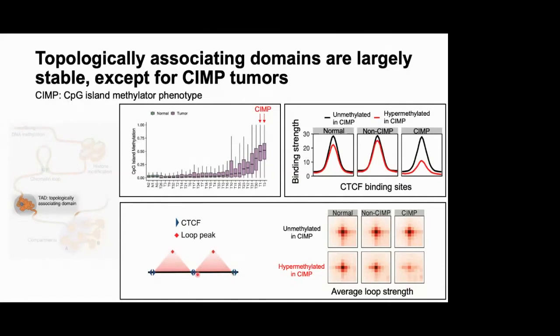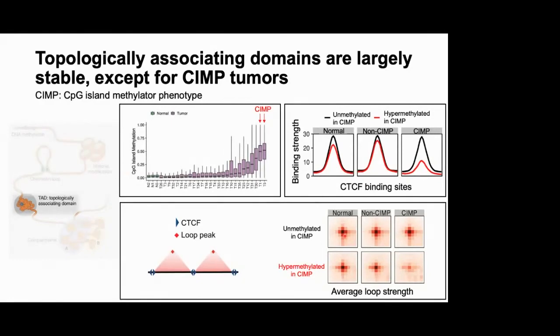So what we asked is what happens when we are losing these CTCF sites due to hypermethylation. When we did this analysis, we measured the strength of this loop, which would be the interaction between two CTCF sites forming a TAD. For the sites that were not hypermethylated in the CIMP tumors, we didn't see a change in this loop strength.